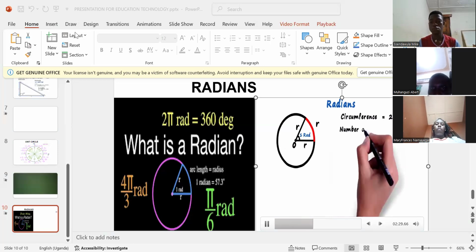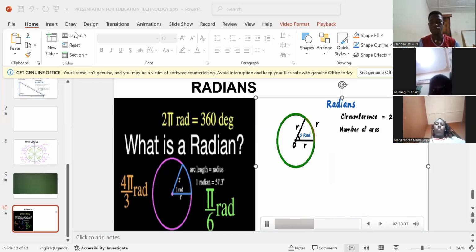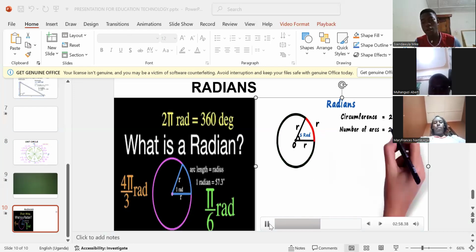How many such arcs would you need to cover the entire boundary of the circle? Let me repeat the question. How many such arcs of length r would you need to cover the circumference of the circle? Pause the video and see if you can work through this on your own. The length of the arc is r and the circumference is 2 pi r. Yes, 2 pi r. It means we would need 2 pi.